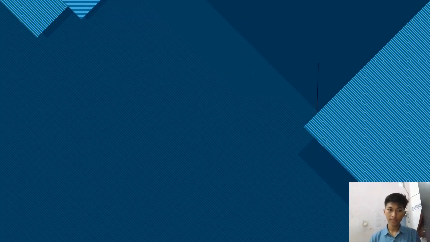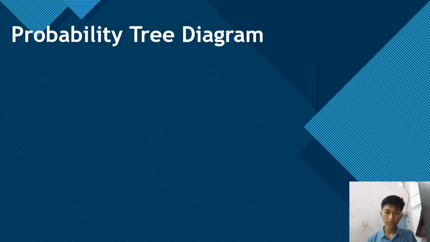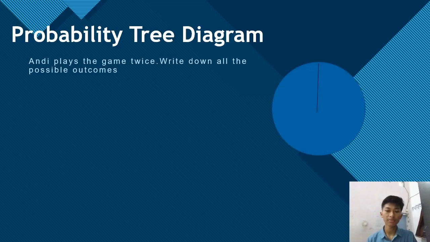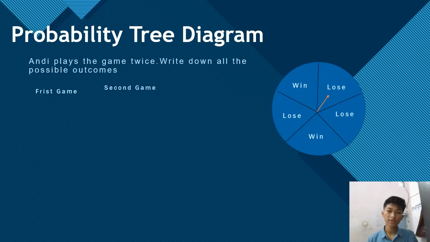And the next, the question. Andy plays the game twice. Write down all the possible outcomes. Andy plays the first game and the second game, and the probability of a win is 2/5.